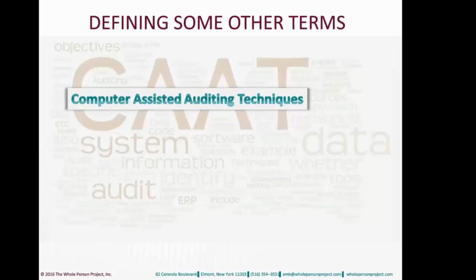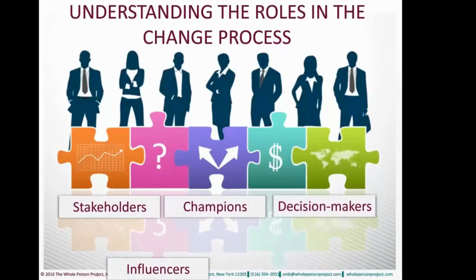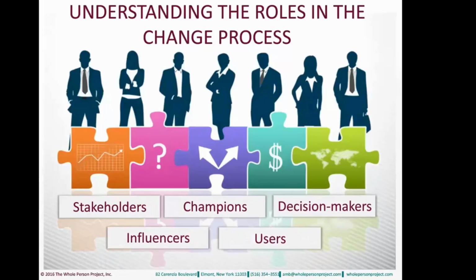And while we're defining things, I think we should probably also define some roles in the change process. And so what we've got are 5 distinct roles. One role is the stakeholder role. And by definition, these are the folks that have skin in the game.